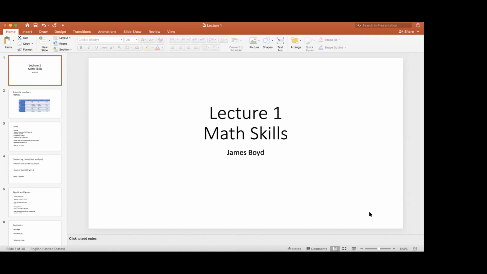You might not have taken trigonometry, or you took it and you don't remember it. Trigonometry is a lot of what we do. We have to be able to figure out what angles vectors are at, and so we need to know how to do trigonometry and geometry. And then there's a little bit on derivatives, a little bit on integrals.